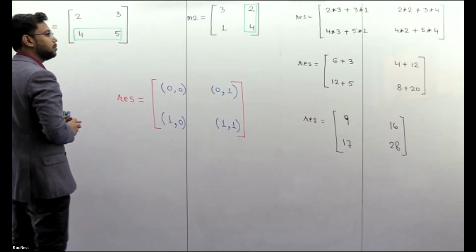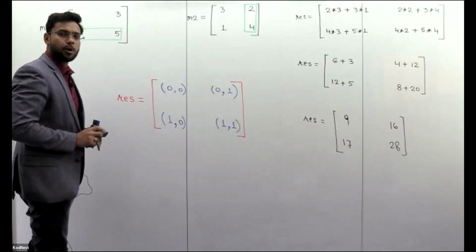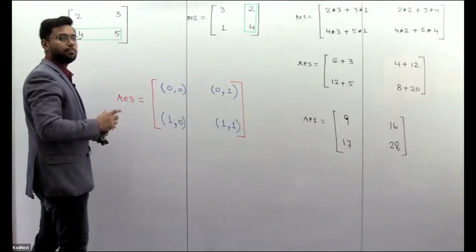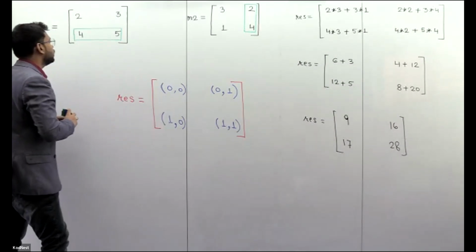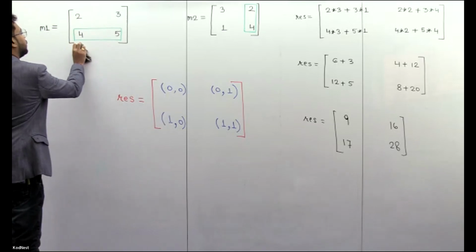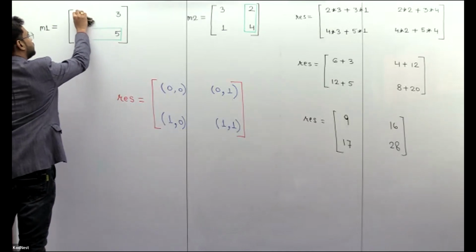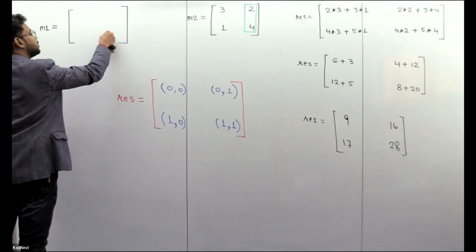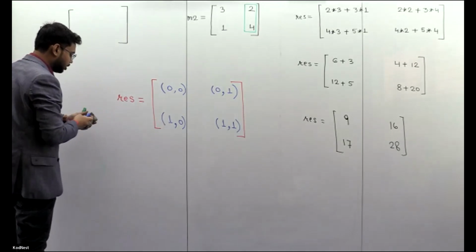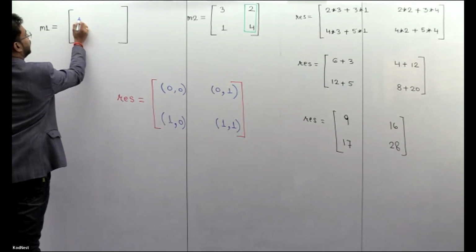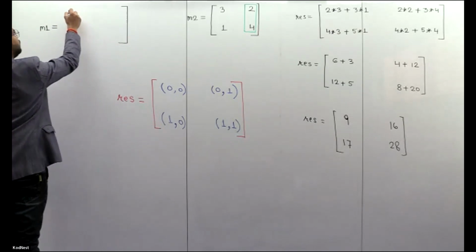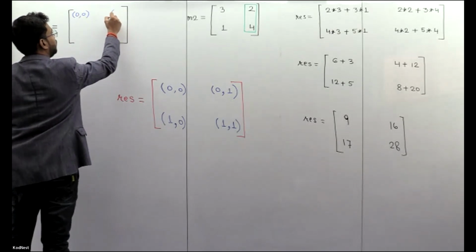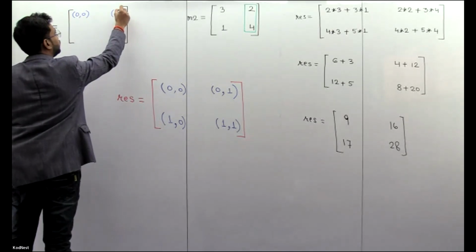See, whenever you have to solve this matrix type of problems, the indexes of elements become very, very important. So here, whatever these elements are there, I will remove these elements and I will write the indexes for them. So I will mention here like this. The index for this particular element will be 0, 0. Index here, it will be 0, 1.